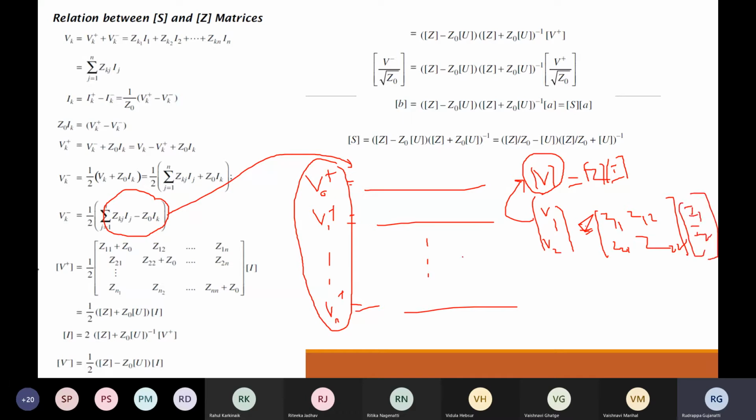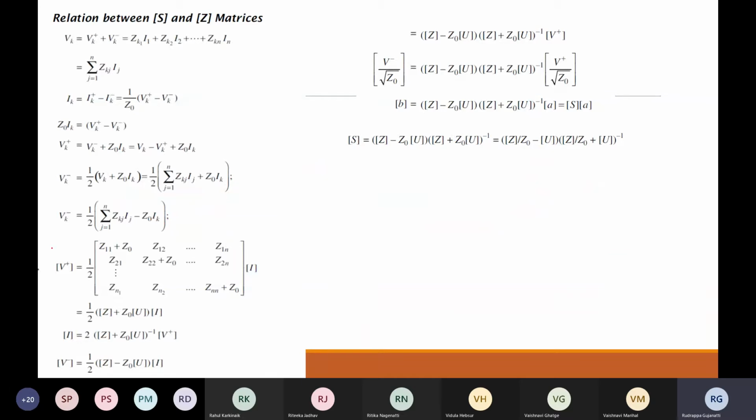This is for the two port. Now, in general, this overall representation will give you the association of all the incident wave parameters, which is obtained from this equation.